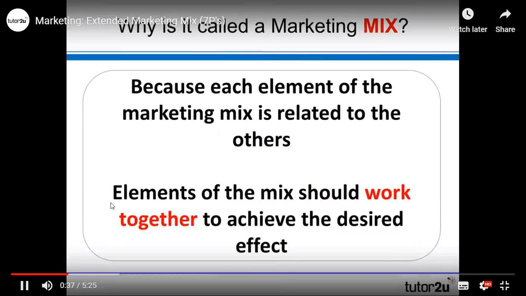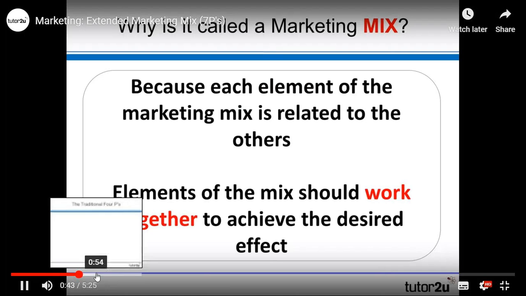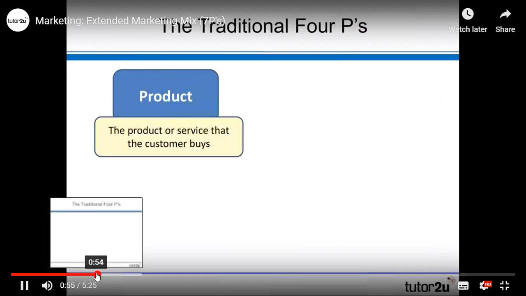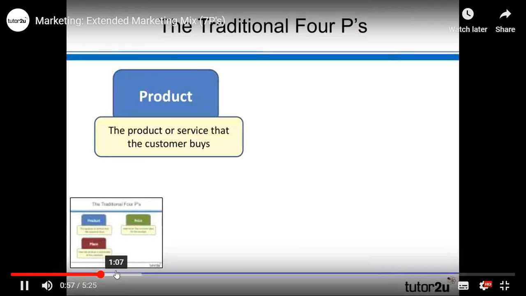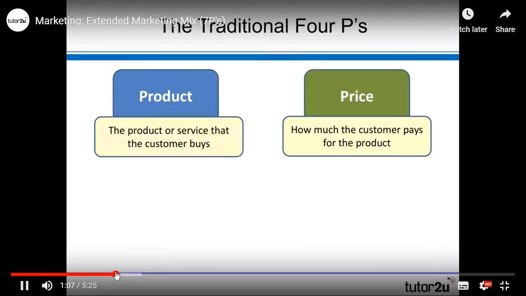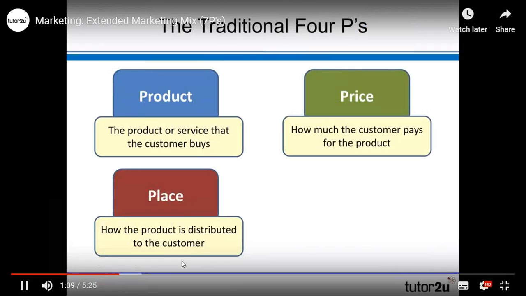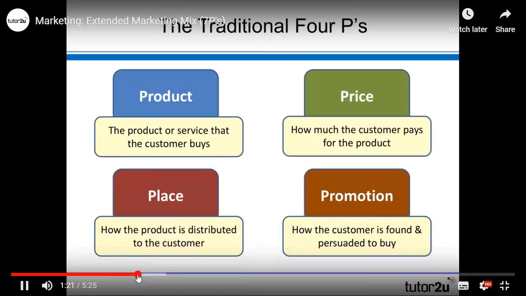It's called a mix because each element works together. Firstly, product: what is the actual service or product? Price, place, and promotion. Those are the traditional 4 Ps.